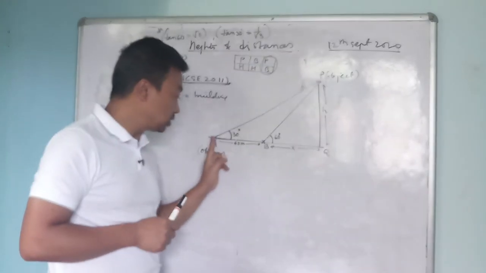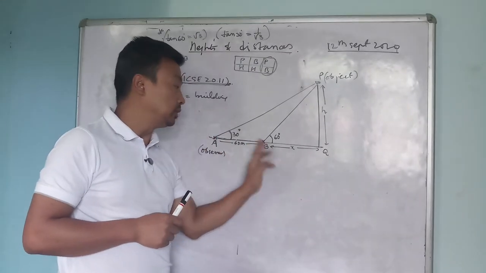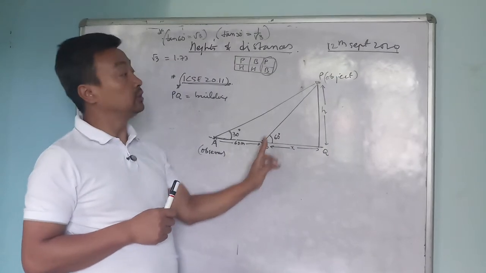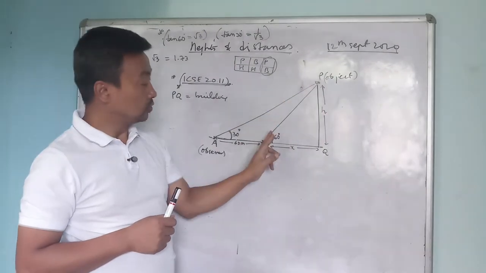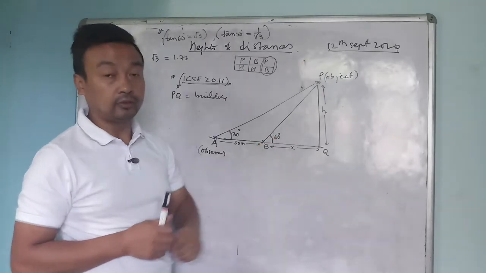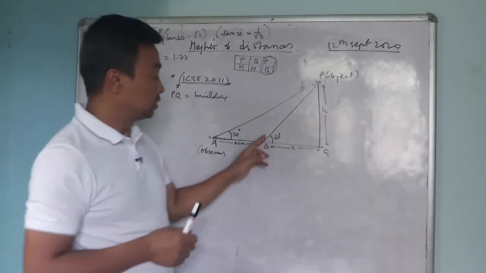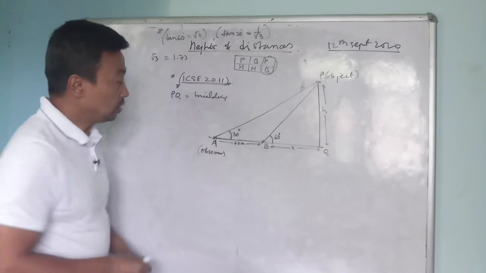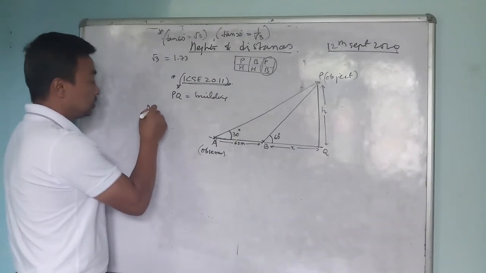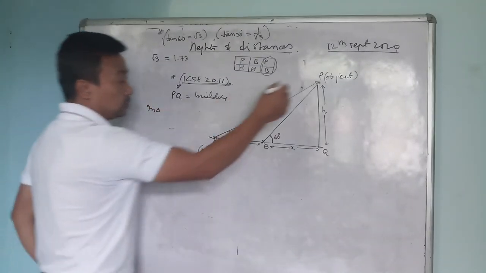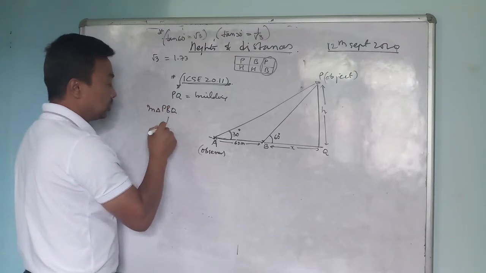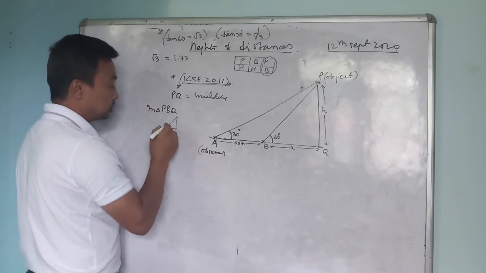Then the man walks along the base towards the building. After covering 60 meter he stops there, and again he looks at the top of the building. Obviously the angle of elevation will be more because he is closer to the building. Now let us take the right angle triangle, first PBQ. You can make the rough diagram here.